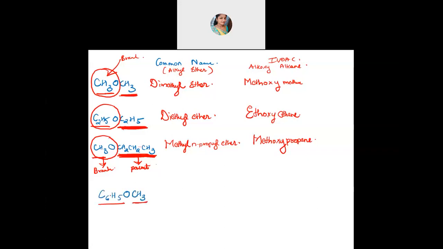One is methyl and the other one, C6H5, is called phenyl, one hydrogen less compared to benzene. So one is methyl, one is phenyl. So it will be methyl phenyl ether.